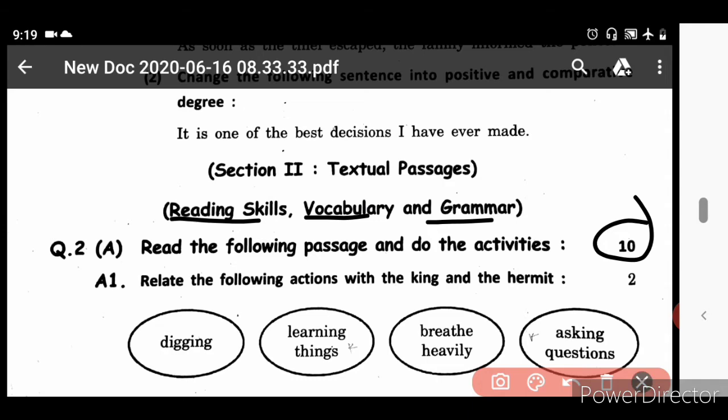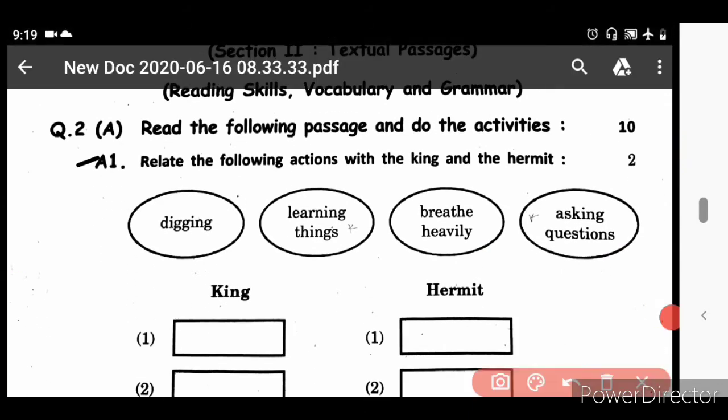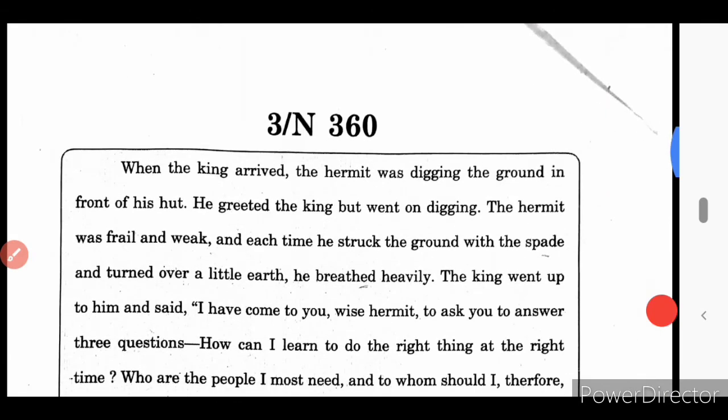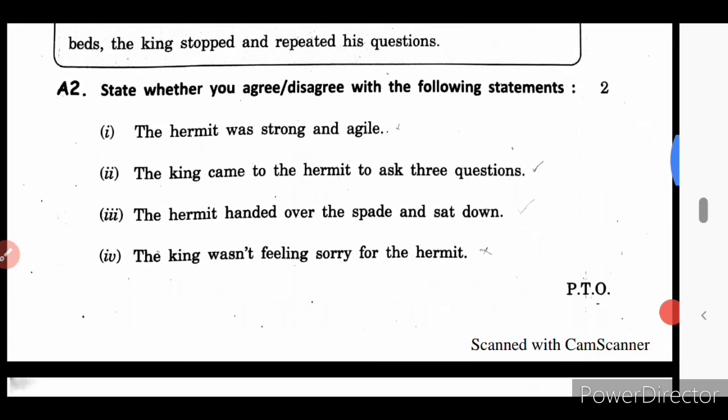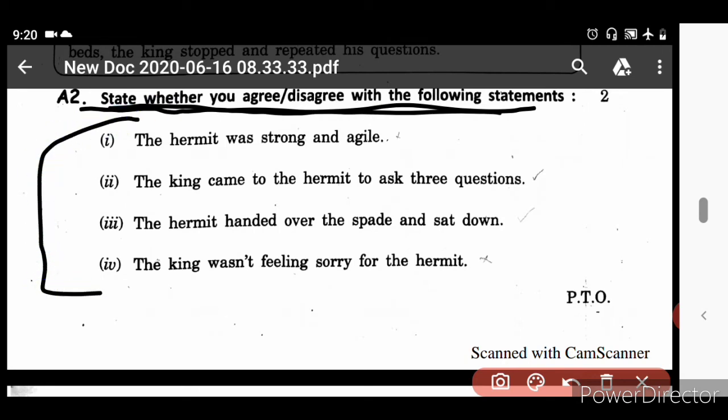Here questions are asked on the passage, where we have to classify the information given in the passage, or write it in the form of a table after reading the passage. You have to read the complete passage and say agree or disagree with the following statements. Like that you have to solve this.